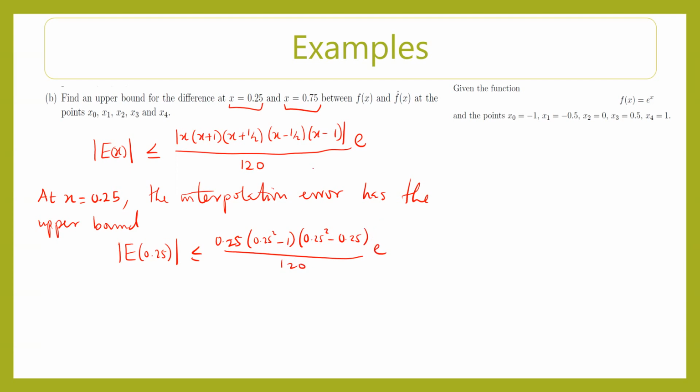Just substitute back and consider these as a difference of 2 squares. And if you do this, approximately this is 0.00095, which is like 9.95 times 10 to the power minus 4.